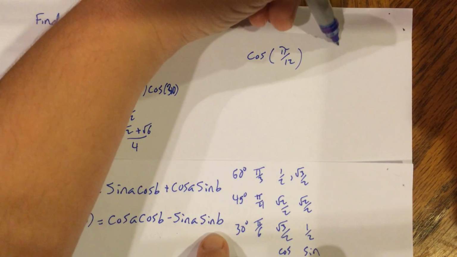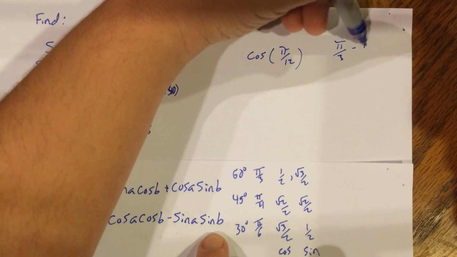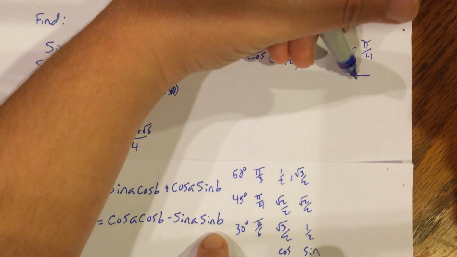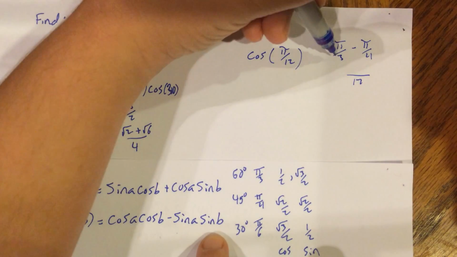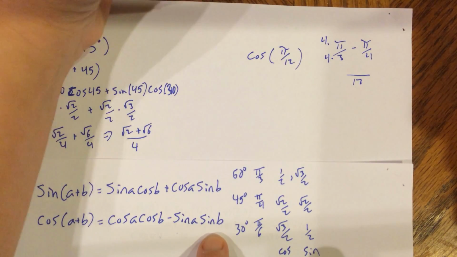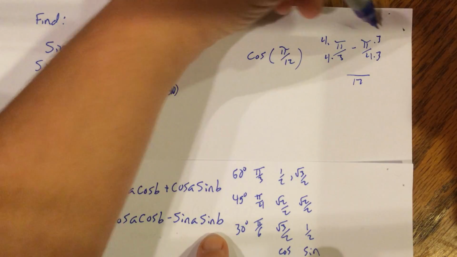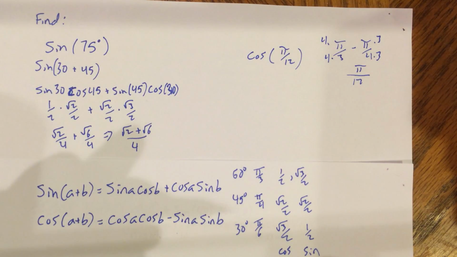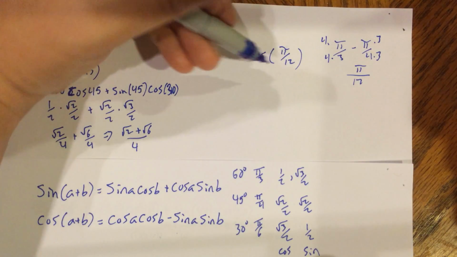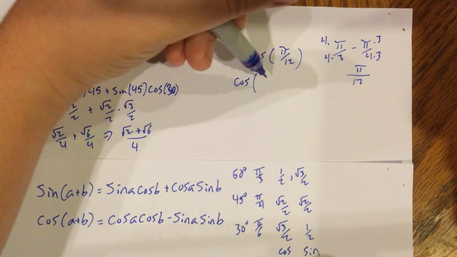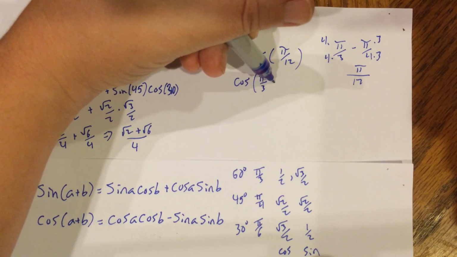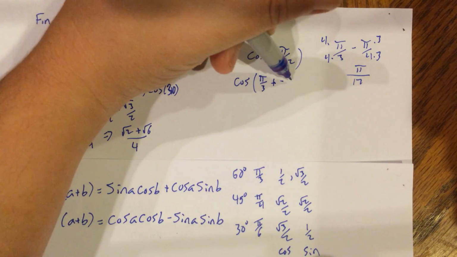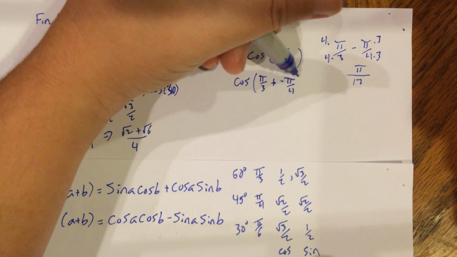So I'm going to try pi over 3 minus pi over 4. Common denominator 12. Multiply this by 4, that by 4. Second one by 3 and 3. So actually, first one worked. If it didn't, I could try 4 and 6. So I'm going to write this as cos of pi over 3 minus, so plus or minus, pi over 4.